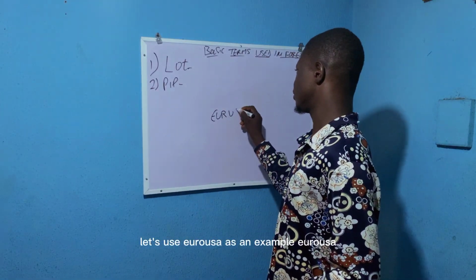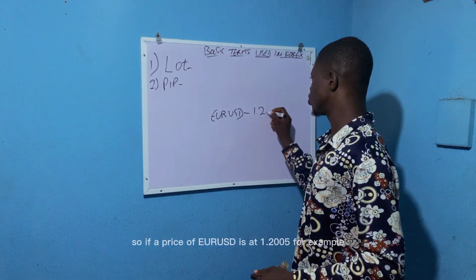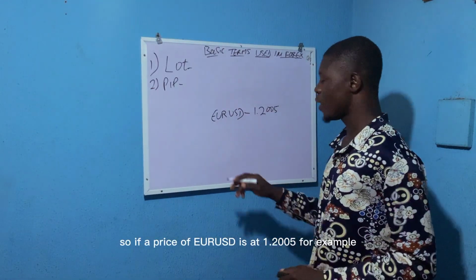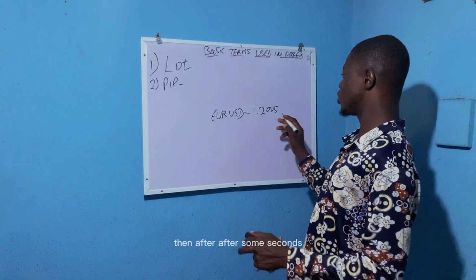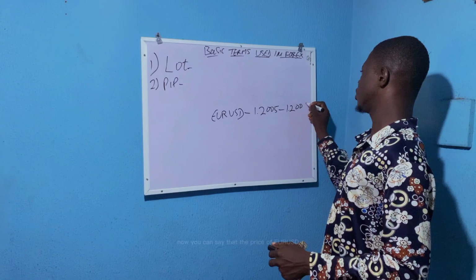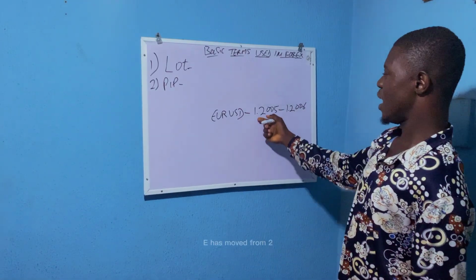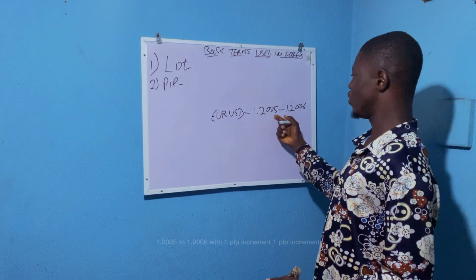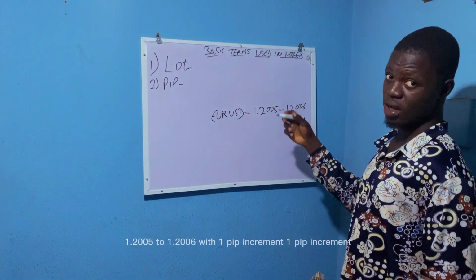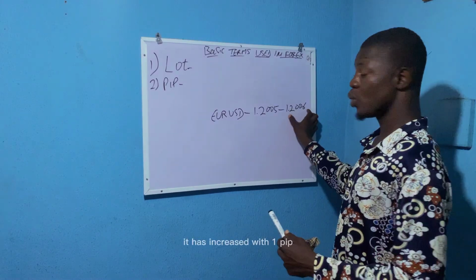If the price of Euro USD is at 1.2005, for example, then after some seconds, the price moves to 1.2006. Now we can say that the price of Euro USD has moved from 1.2005 to 1.2006 with one pip increment. It has increased by one pip.